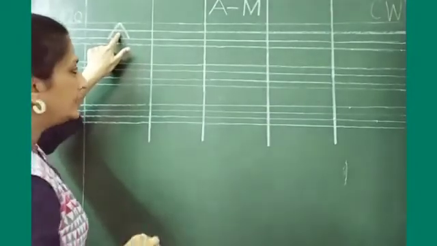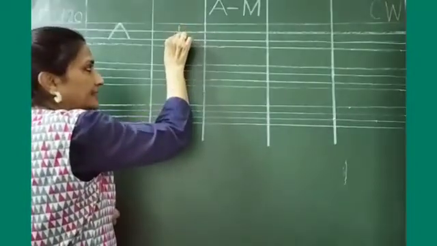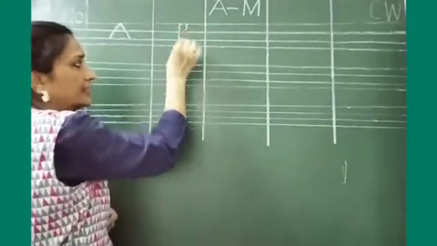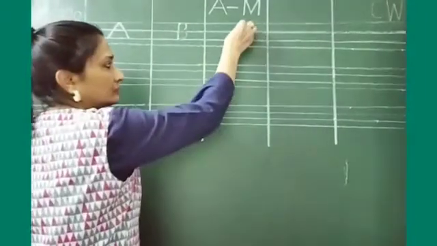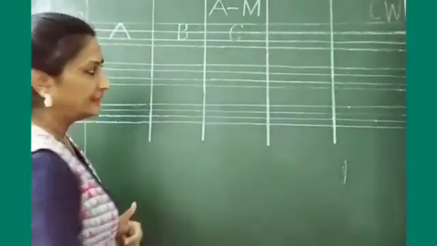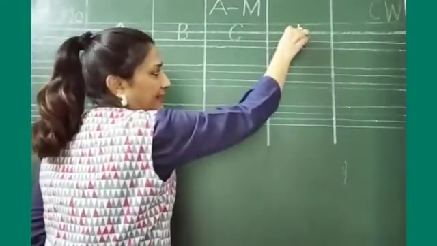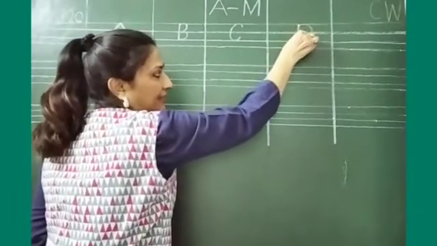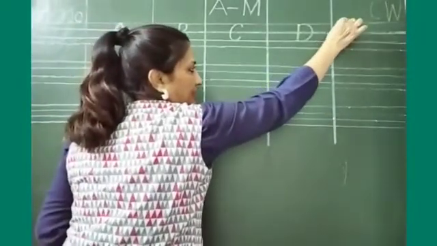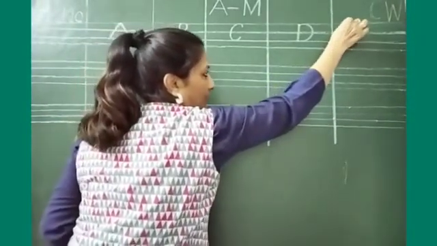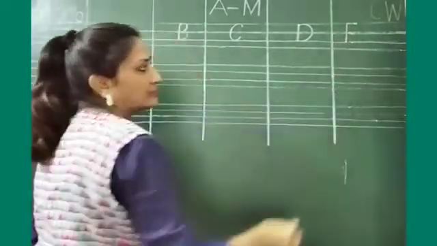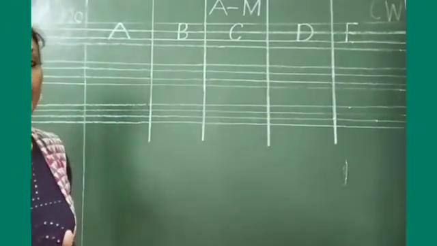A. Standing line, ulta C, again ulta C, B. C. We will make a standing line and ulta C like this, D. Then comes E: standing line, one sleeping line, another sleeping line and one more sleeping line, E.